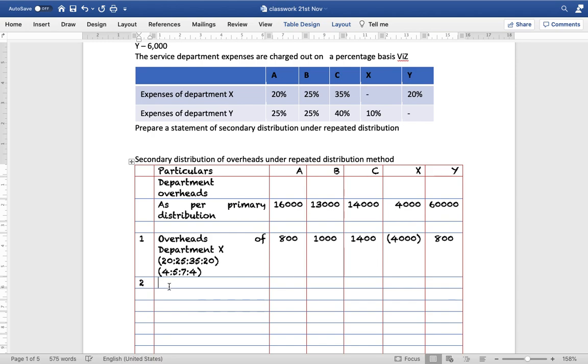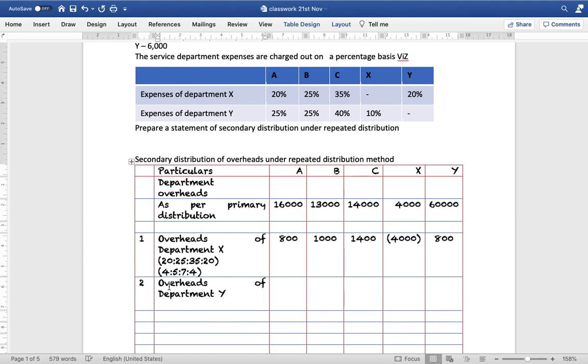Next, second, overheads of department Y. Y is given here as 25 is to 25 is to 40 is to 10. So we can make it 5 is to 5 is to 8 is to 2.